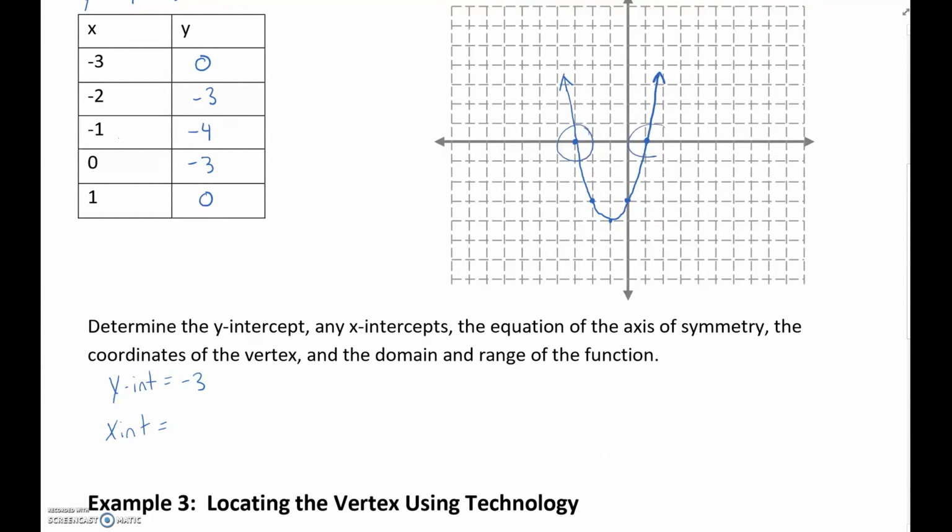Well, I'm looking right here at where my graph crosses the x-axis, and that is at, you can see it in my table too, at -3 and +1. And let's label those on our graph. And we should label our y-intercept as well down here at -3.